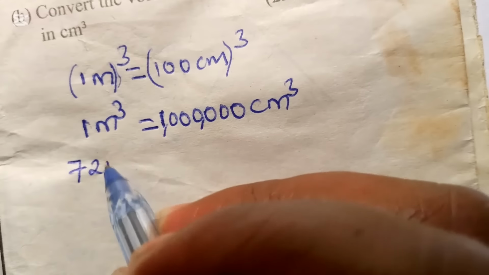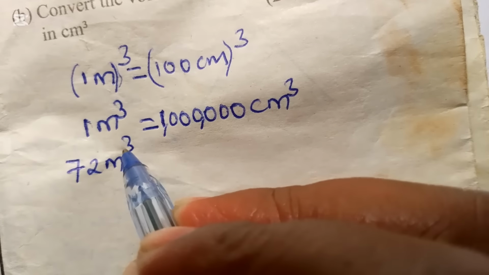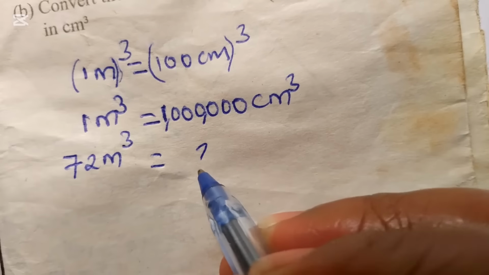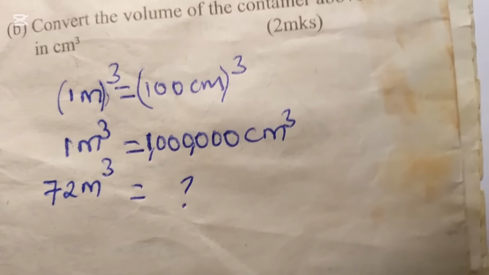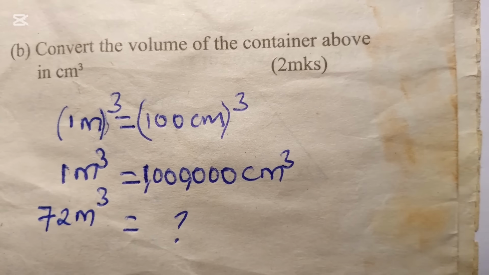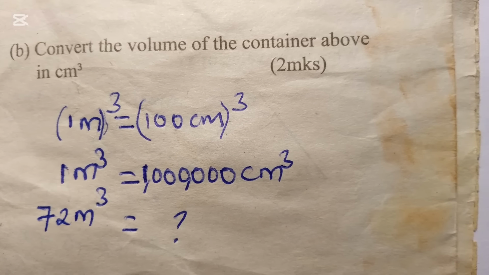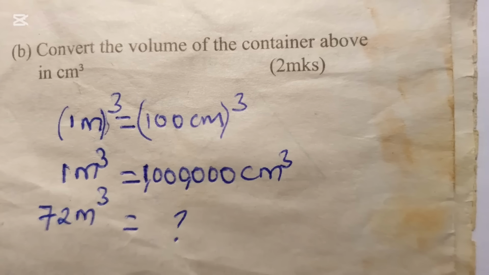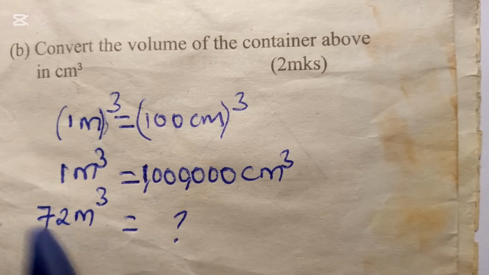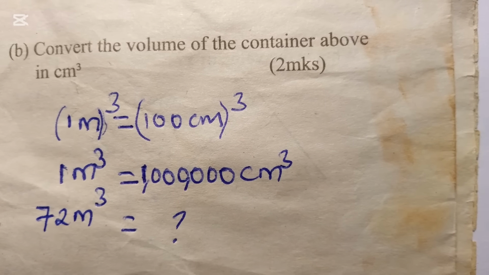Place your 72 cubic meters here, will be equal to how many cubic centimeters. Be very keen on where you are placing your value, because they should be at the same side, the values the same units. Some learners just place anywhere. Yeah, so be very keen.